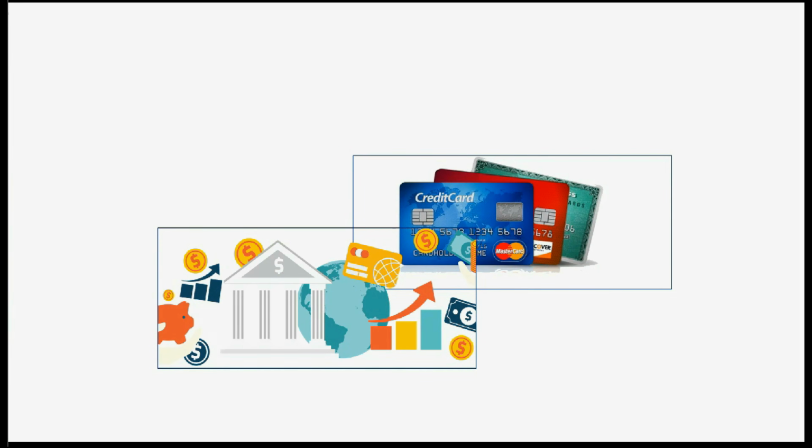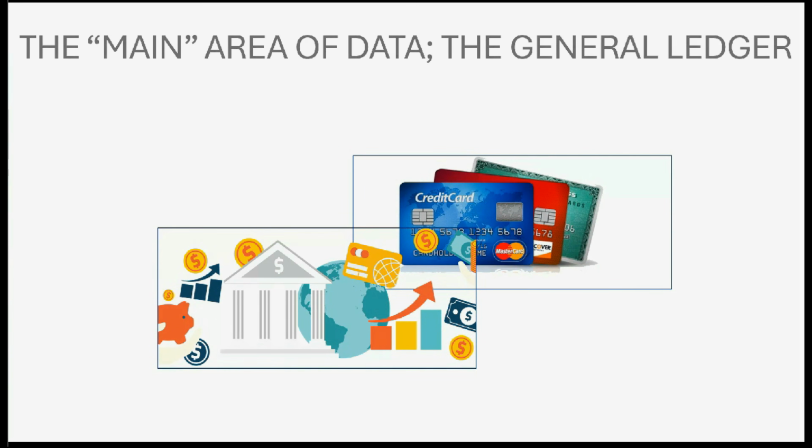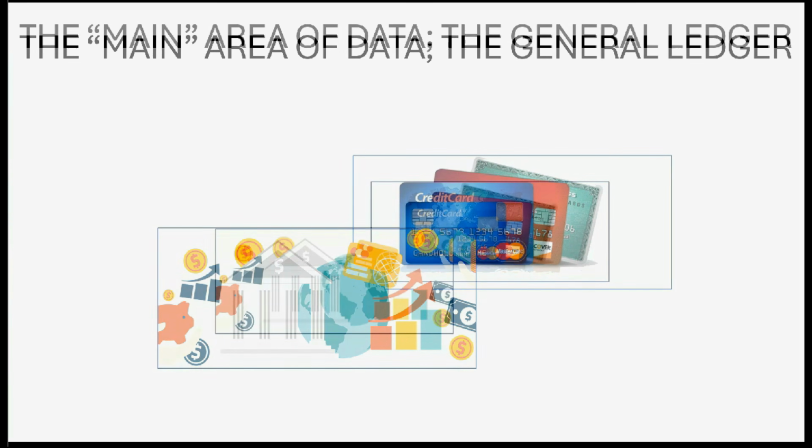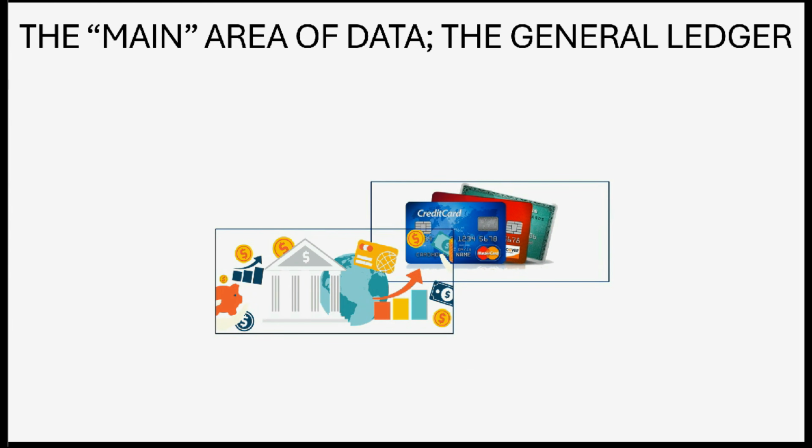You see, the credit cards and the bank account are part of the main area of data. And the main area of data, as we all know, is the general ledger, which in QuickBooks Online we call the chart of accounts. So if you're using the bank feeds feature, you're addressing the main area of data where most of the transactions are recorded. So you can get away with this if you don't have other areas of data to manage.